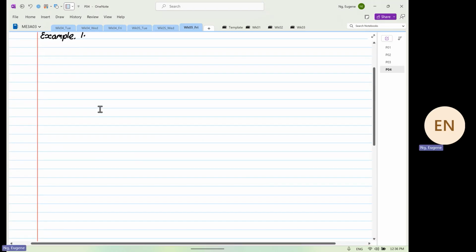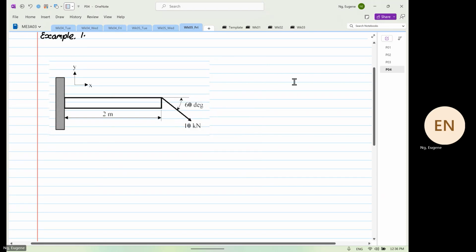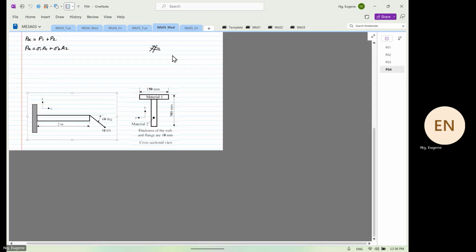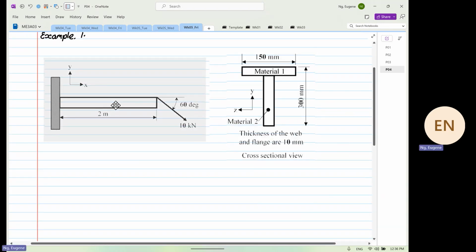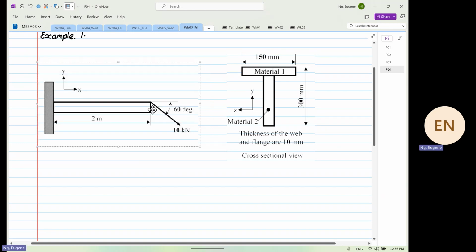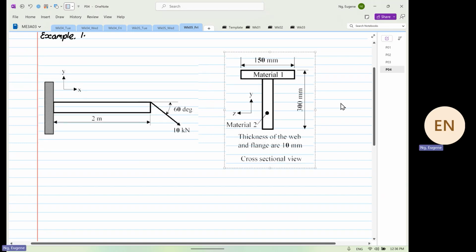I posted this on Avenue to Learn. And this, as I said, was a question during COVID times that I gave. It was in term test number 2.